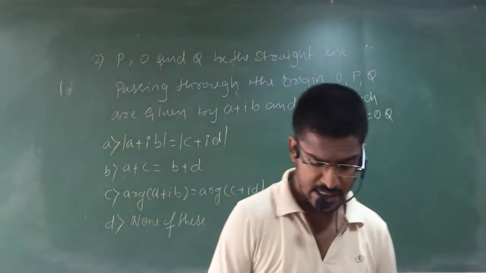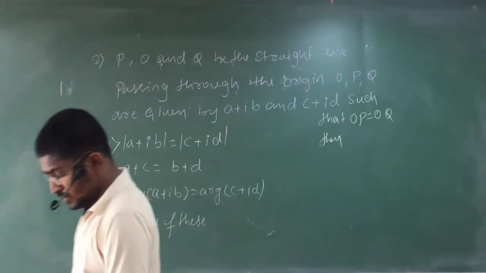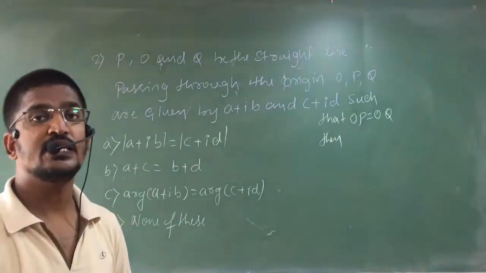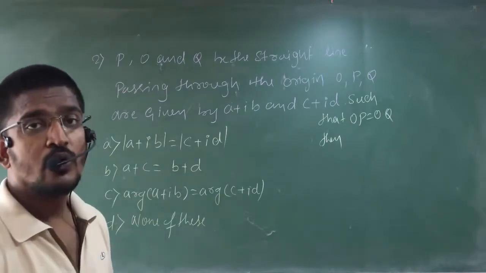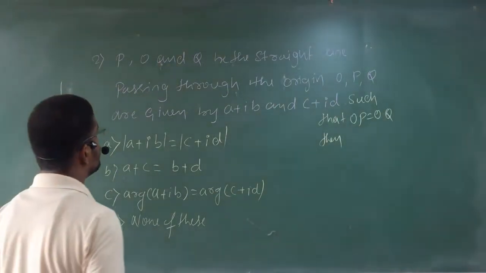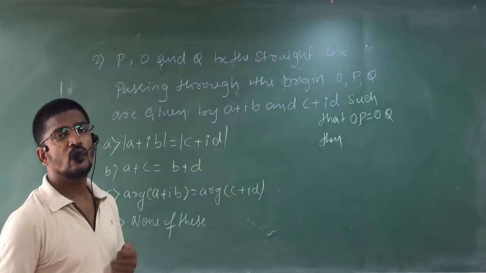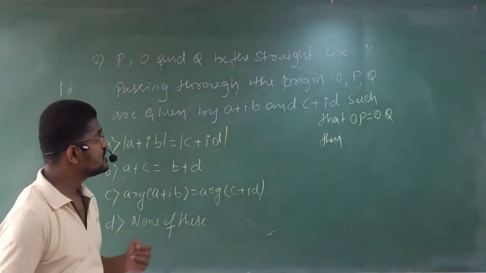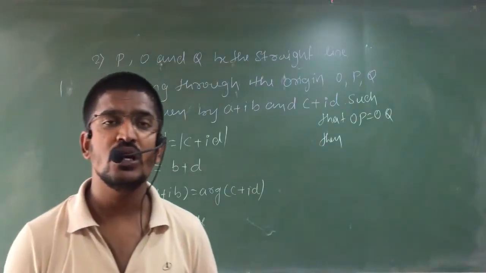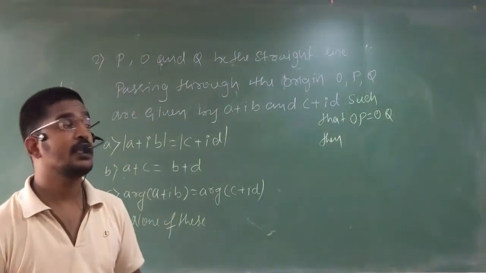Okay students, see, now let us solve the second one, that is, P, O and Q are on a straight line passing through the origin, OPQ. Clear? So that means there is a line passing through the origin OPQ in the complex plane.